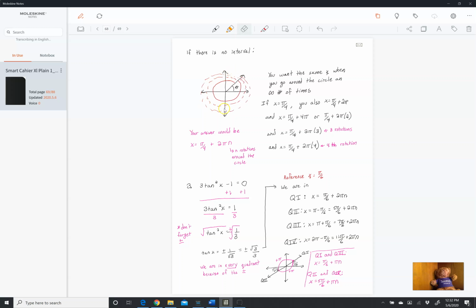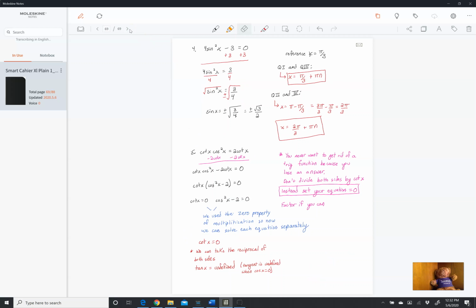Add pi again, we get this value. So if we find where cosine is equal to 0 here, then we can just add pi times n. So what angle is this? This angle is pi over 2. And then we just add pi times n to get all of the answers.